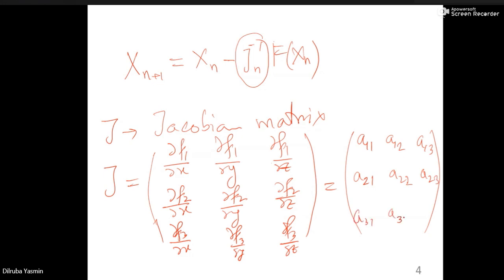So our target is to make the inverse Jacobian matrix. That's why we have to find the adjoint of the Jacobian matrix, if you would like to follow the cofactor methodology.